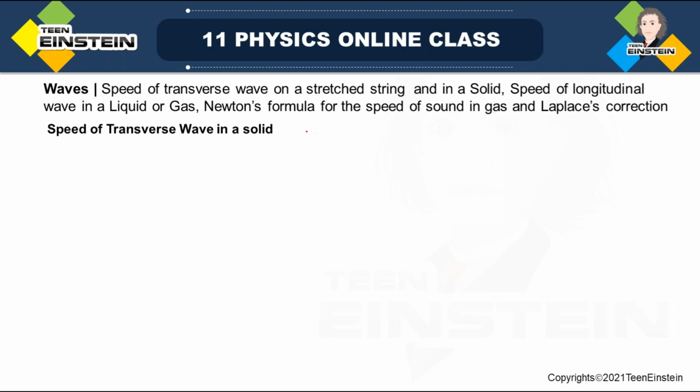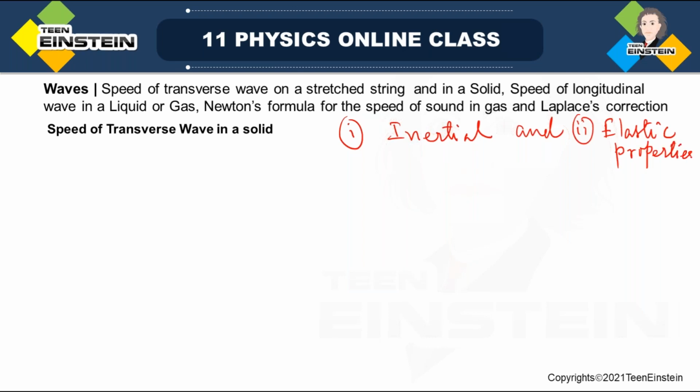So same thing, we have to take care of two things. One is the inertial part, and the other is the elastic properties. So these two things we have to take care of.